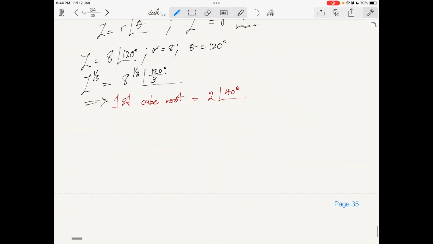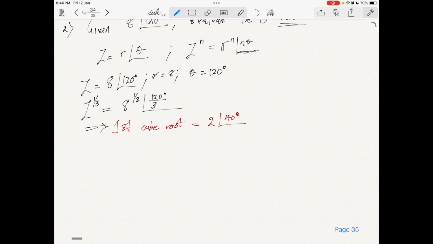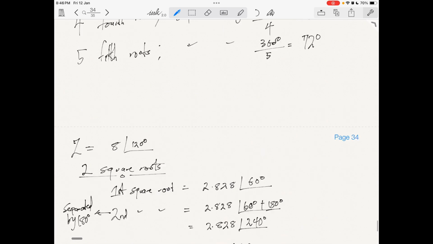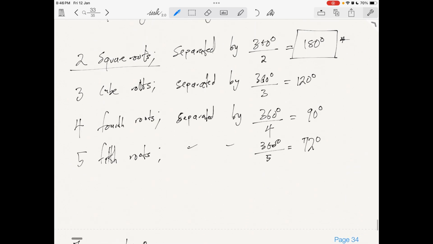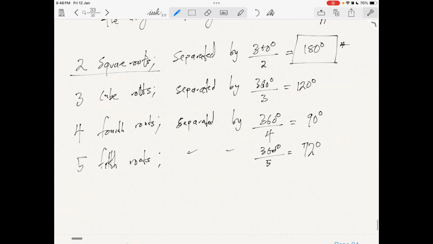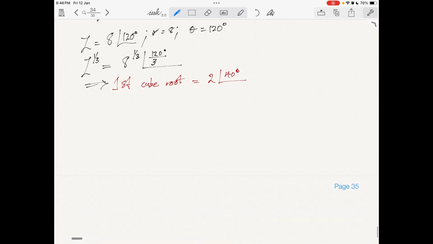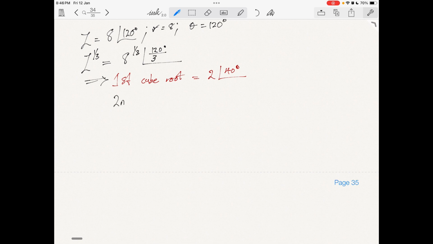Now how do we evaluate the remaining cube roots, that means the second and the third cube roots? The first thing we go back to look at is by how many degrees those roots are separated. Three cube roots are separated by 120 degrees. Remember, we are separated by 360 degrees over n, over 3, that's 120 degrees.